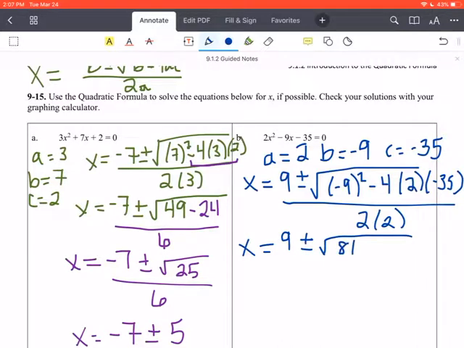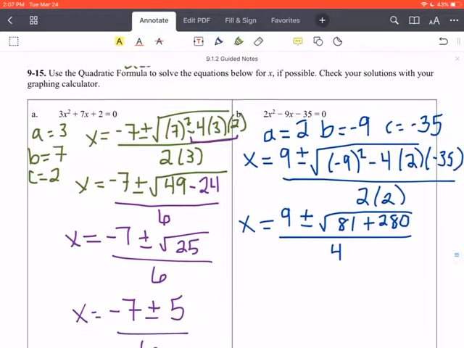Remember, this first number will never, ever, ever be negative. And then I'm going to do -4 times 2 times -35, and that is positive 280, so I'm going to add 280. There's always going to be either an addition or a subtraction symbol there. It just depends on the sign of the numbers. And then I have 2 times 2 is 4.